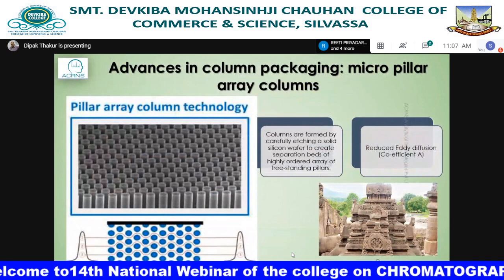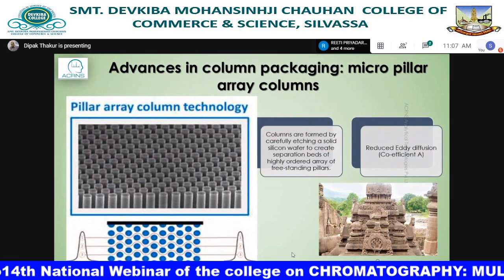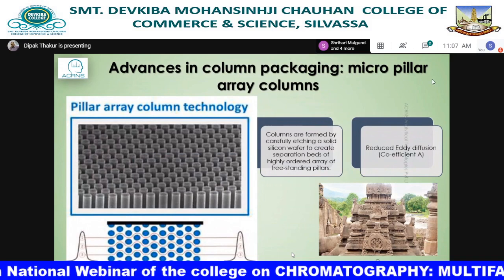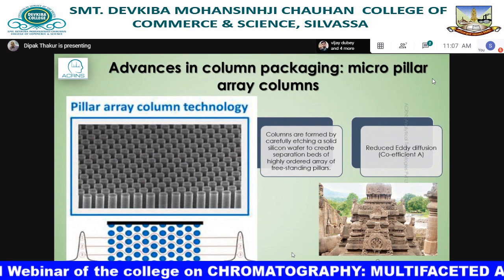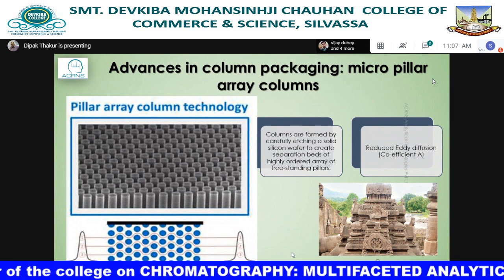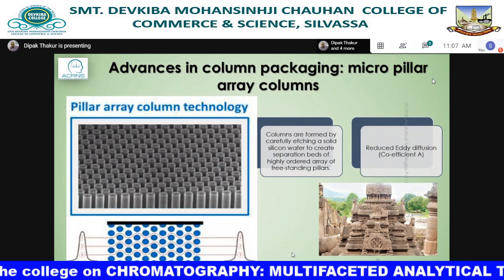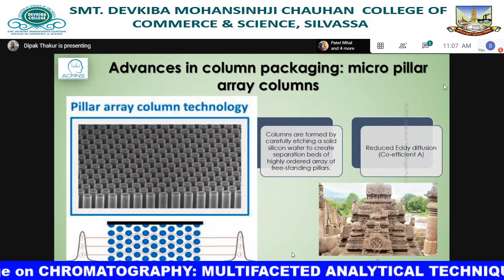So to start with, yesterday I showed this slide to you, that is, what are the advances in column packaging, and what do you mean by the packing of these particles or packing of micropillar array in a column.